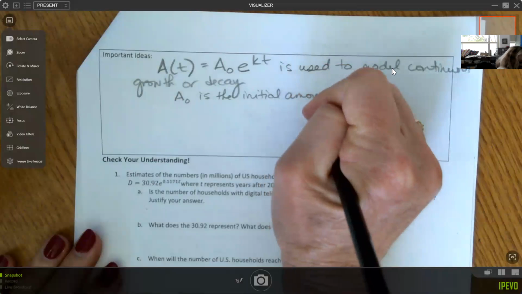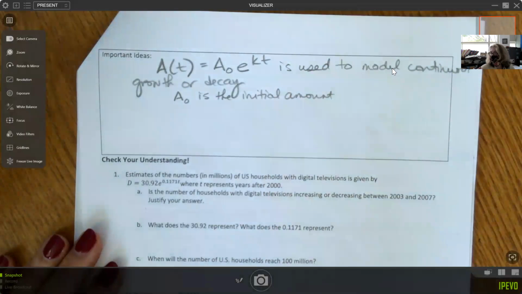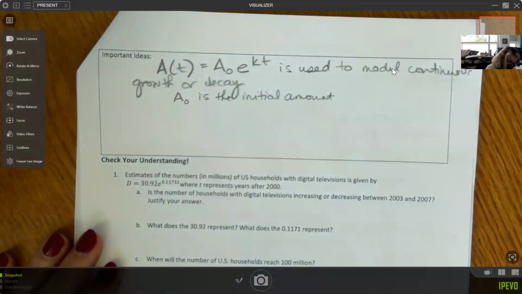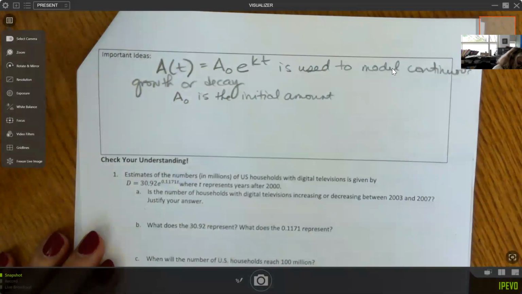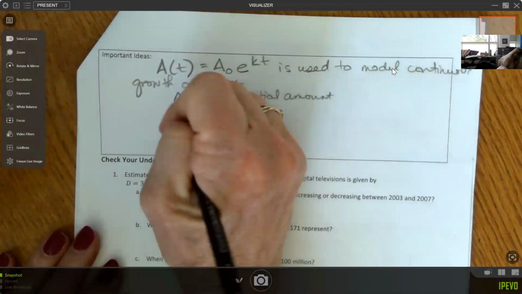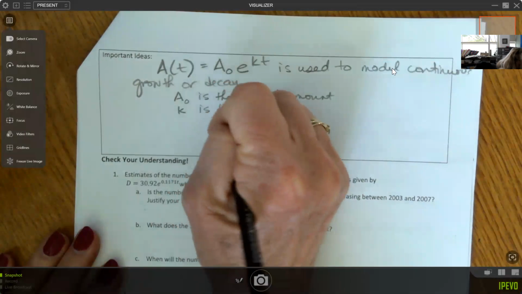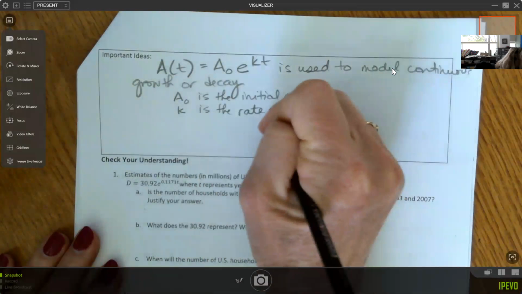It's either money that's growing, or caffeine or cough medicine that's decaying, or uranium radioactivity decaying. It's either growing or decaying. And k is the rate of growth or decay.